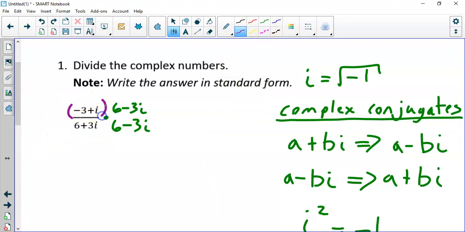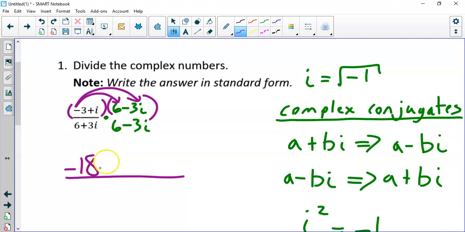So let's talk about the numerator. What is negative 3 times 6? Negative 18. What is negative 3 times negative 3i? Just treat i like the variable it is, like an x. A negative 3 times a negative 3i is plus 9i.